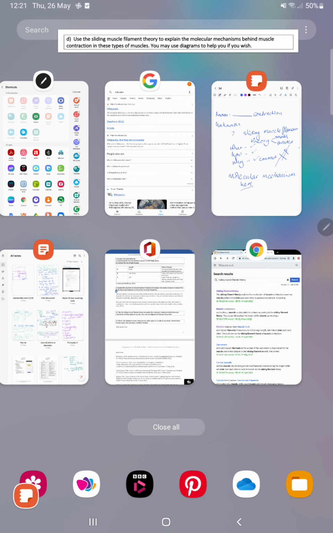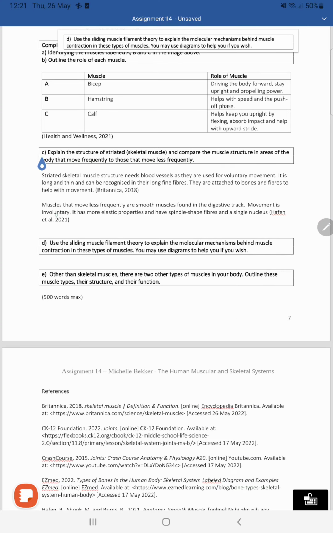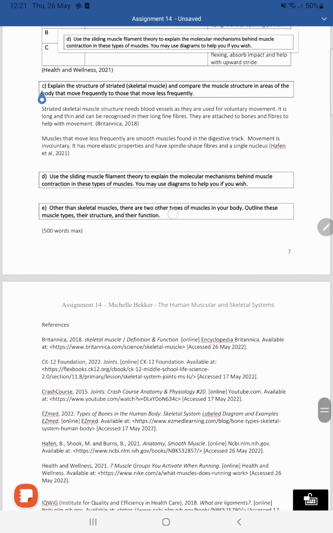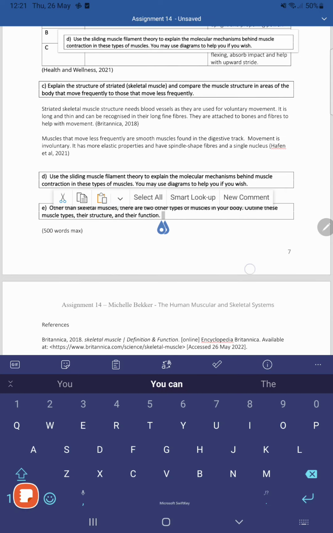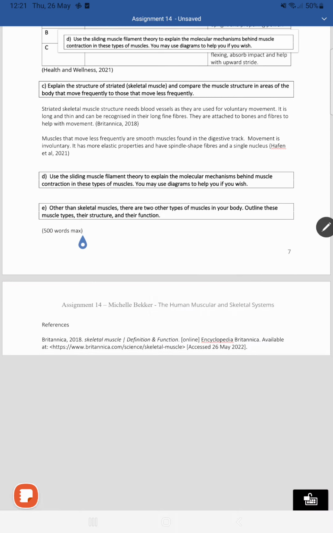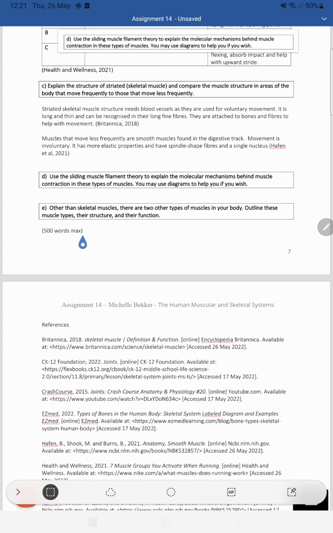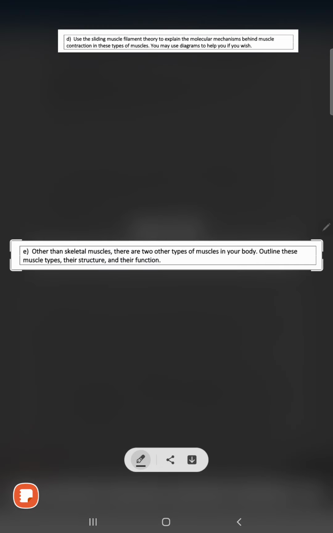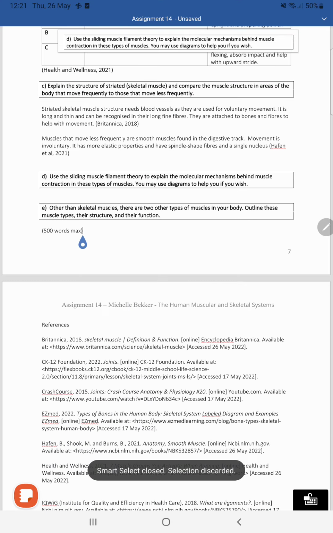The next question is, other than skeletal muscles, there are 2 types of muscles in your body. Now again, we didn't know what these were. Smart select. And we're going to go to, if I can work it out, oh, we closed it.